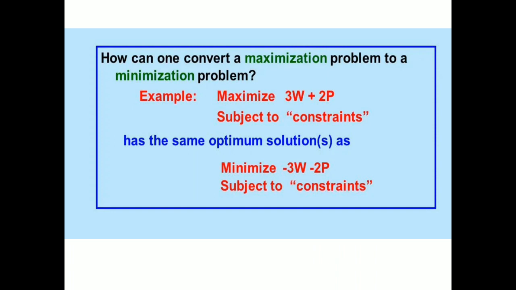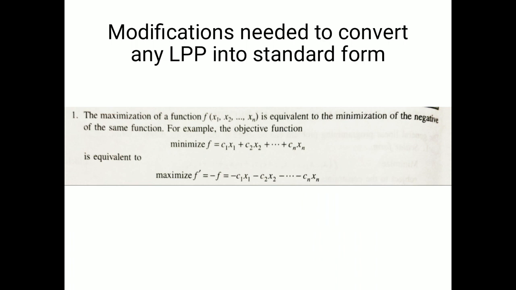As I have told you, the objective function should be in the form of a minimization problem, so we convert the maximization problem to a minimization problem by minimum f equals minus f dash, where f dash was in the maximization problem.